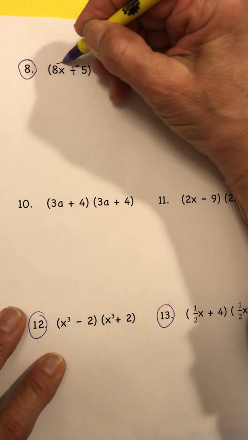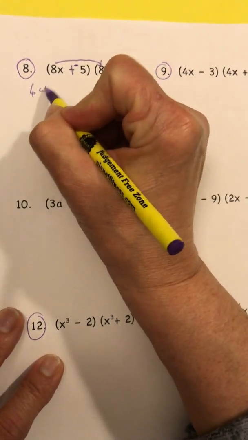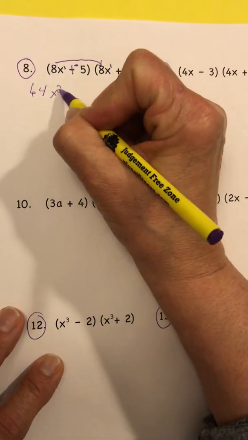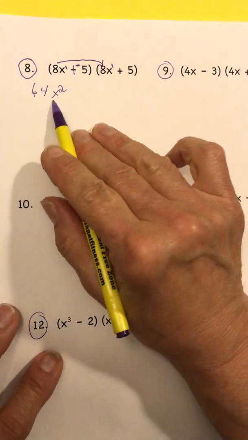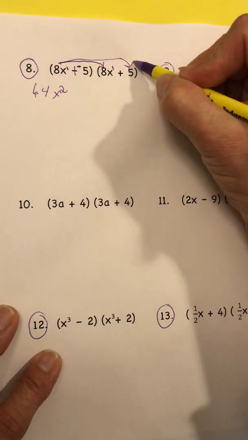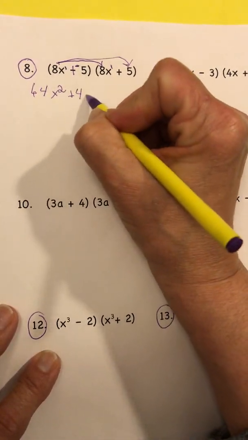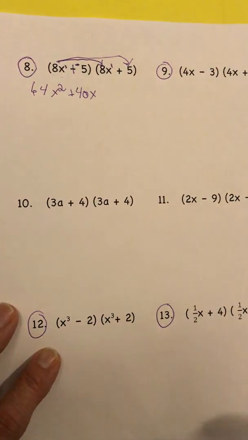So the first thing we do is the top arrows. 8 times 8 is 64, and then we've got x1, and x1 is x squared. Seems like that's the usual thing for the first one is x squared. Now we're going all the way down to 5, and we get 8 times 5 is 40, and then all we have is an x.